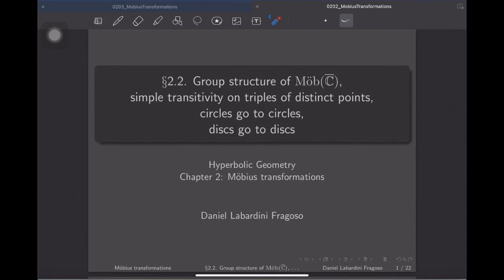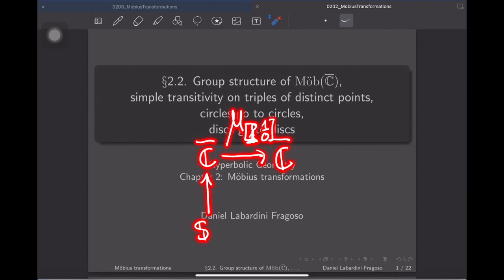So in order to show that this one sends circles to circles, it was enough to show that this composition sends circles to circles, where this one is the unit sphere in R3, and these are stereographic projection and its inverse.